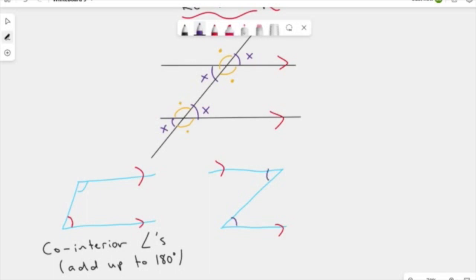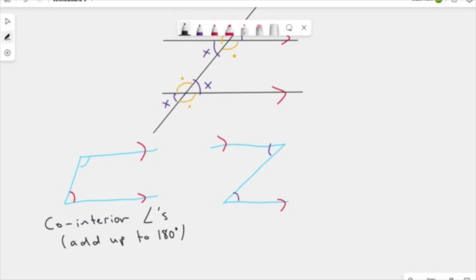And lo and behold, we have a special name for these types of angles. These are called alternate angles. Oh, can't spell. Alternate angles.